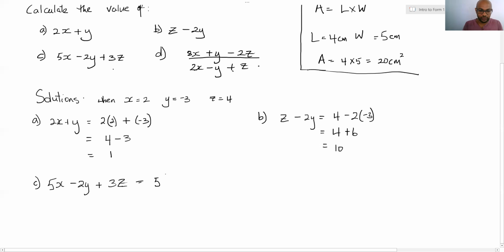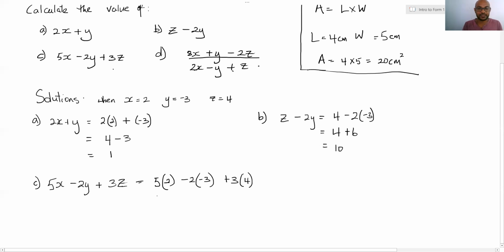So I am just really rewriting what I have, except where I see X, I'm going to put 2. Where I see Y, I'm going to put -3. And look at the use of brackets. Where I see Z, I'm going to put 4, right?